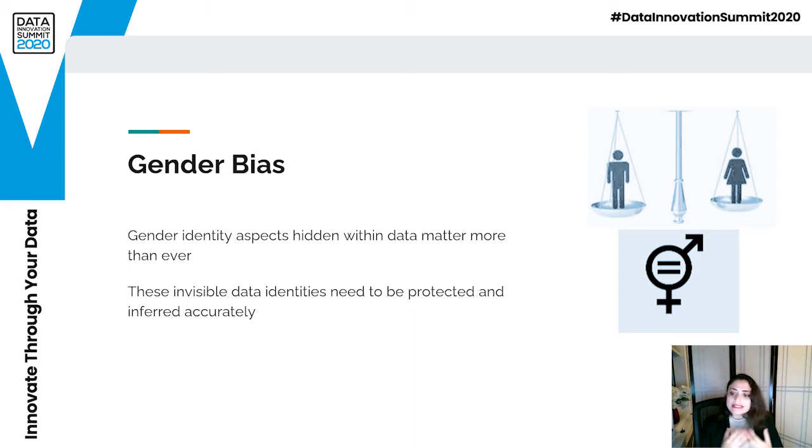Number two, these invisible data identities need to be protected and inferred accurately, because making sure that the model training data sets are less of a stereotype and more devoid of common forms of bias is not just an option, it is a pressing need.